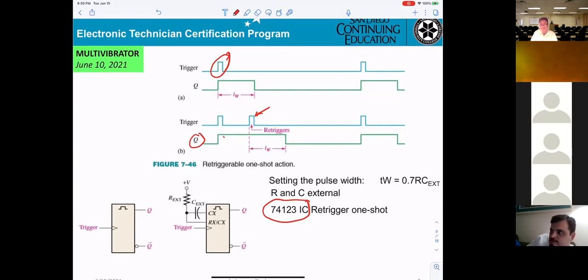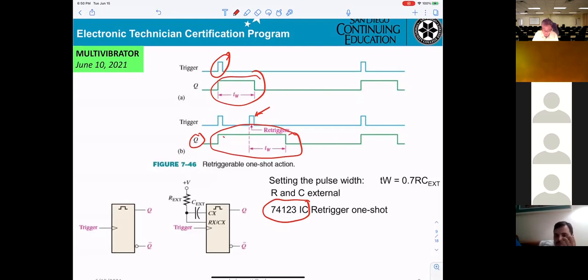Depending on the circuitry and what they want to design, when you get a trigger a little more than the output you wanted, they want the output to get longer instead of only this portion.